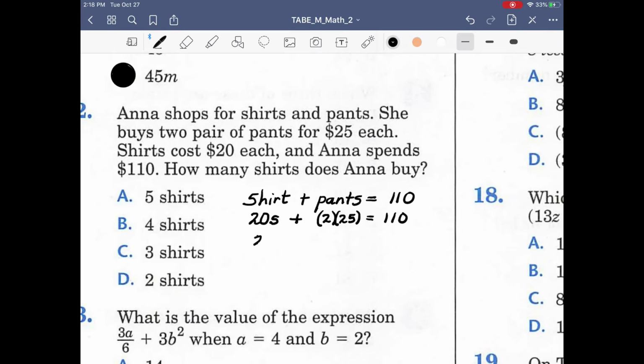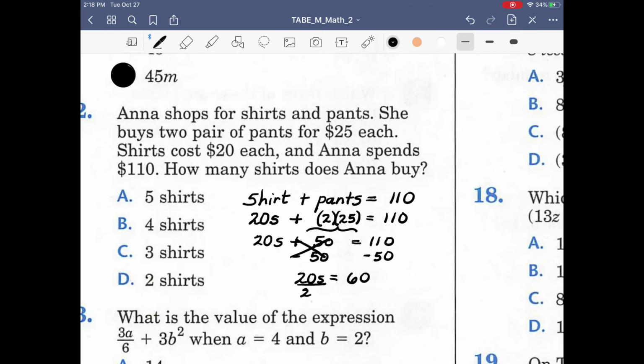So we have 20s plus 50 equals 110. So take the 50 off each side, and you have 20s equals 60.